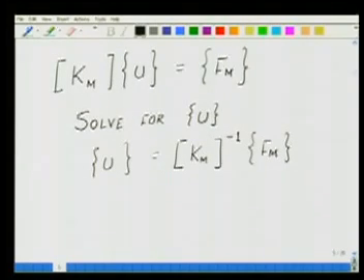Now, here we are not going to talk too much about what kind of solvers. What I would request the students to do is to use some commercially available code, for example, MATLAB or Mathematica.